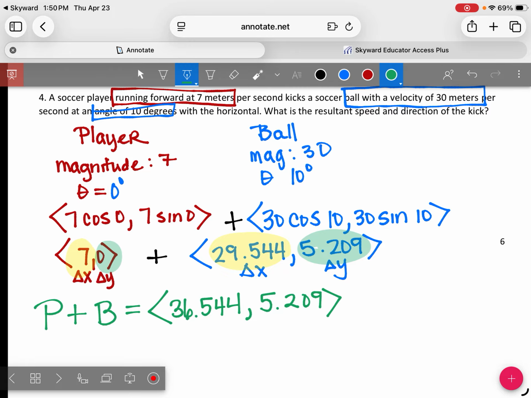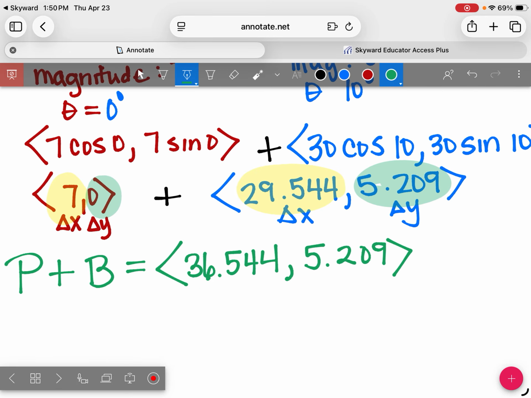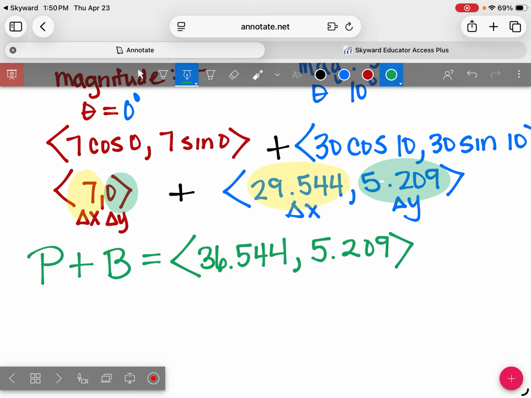Now, this is the vector that we're going to use, the one I have in green. We're going to take those two vectors and figure out what the speed would be together. So I wrote on the board. You need to start memorizing those formulas. You'll have them for the skills check, but you won't have them for the test.